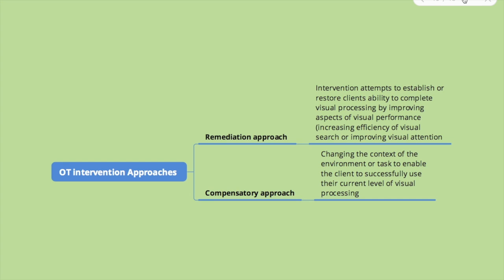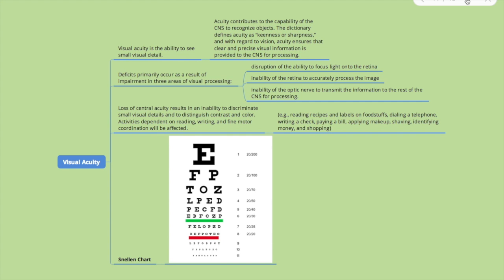Remediation attempts to establish or restore clients' ability to complete visual processing by improving aspects of the visual performance. Compensatory is all about changing the context of the environment or task to enable the client to successfully use their current level of visual processing.